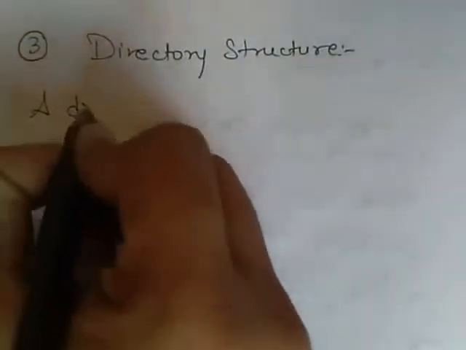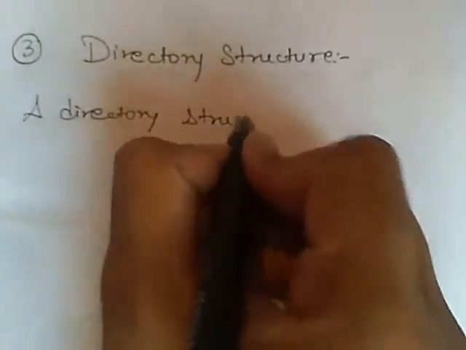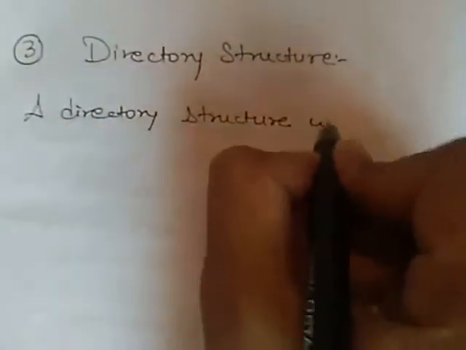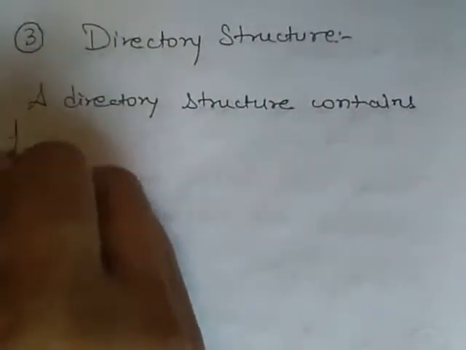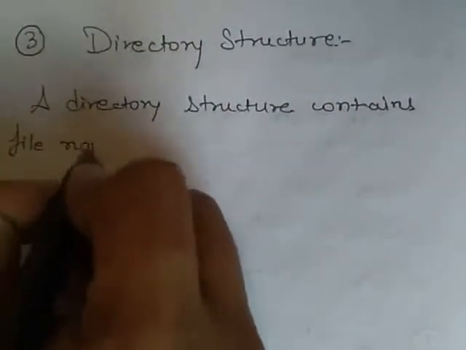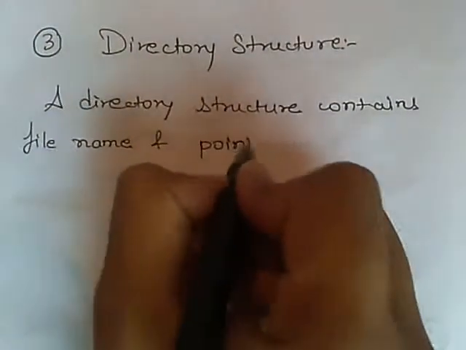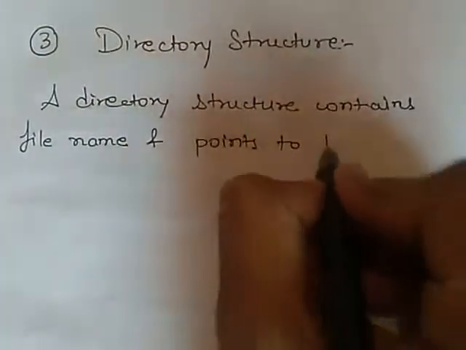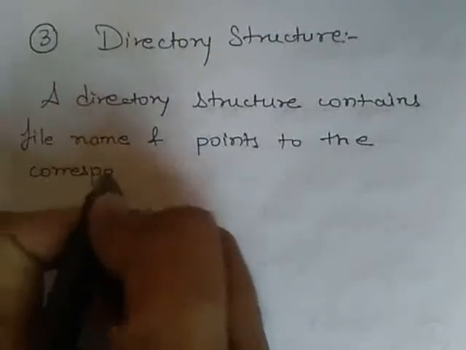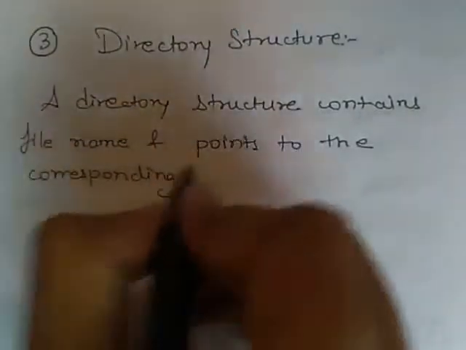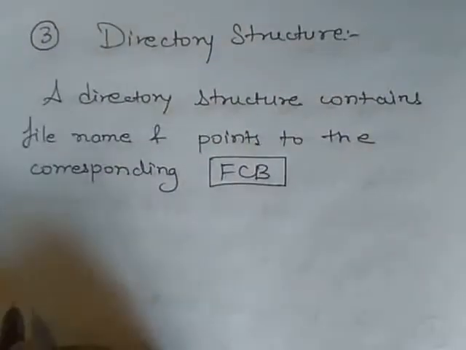A directory structure contains file name and points to the corresponding FCB, that is file control block.